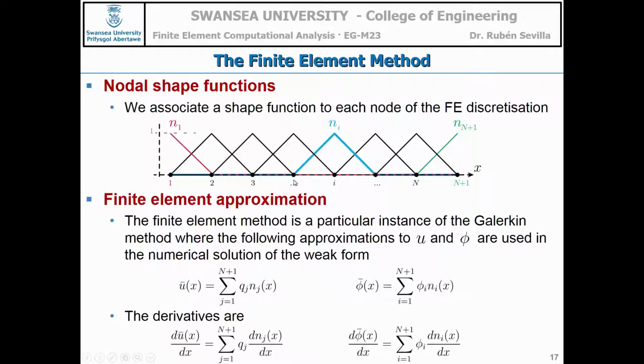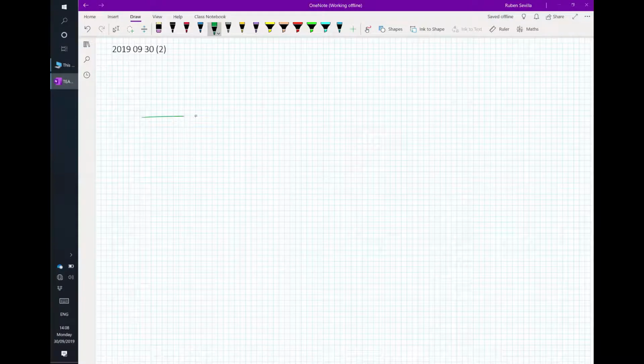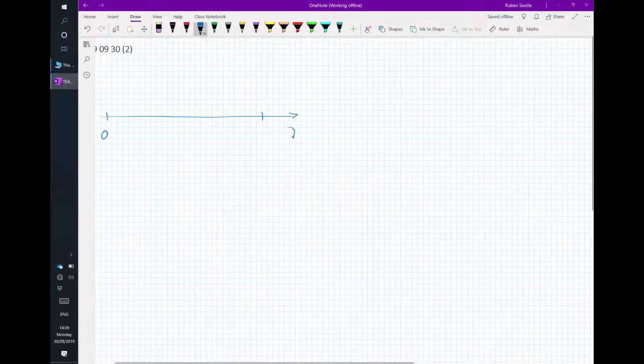We got the mesh. The next thing we do is we associate to each node a shape function. So we got a mesh from 0 to L, right?